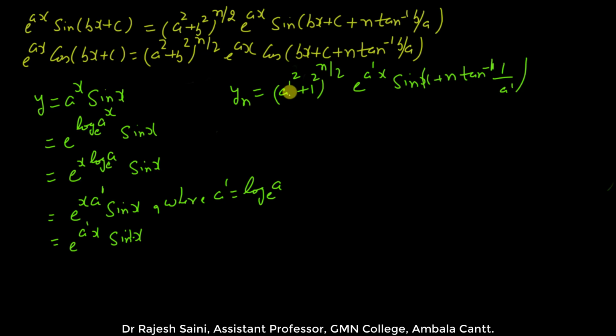Fine. So I am going to substitute back the value of a dash, which is log a to the base e. I want to write (log a to the base e)^2 plus 1 raised to the power n by 2, e raised to the power log a to the base e times x.